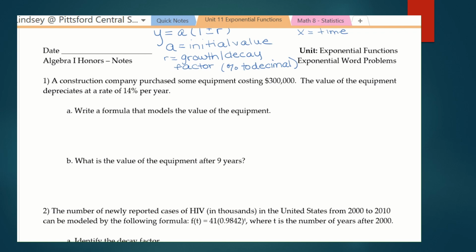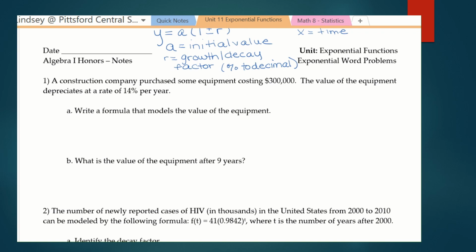So if they were to try and sell the equipment after a couple of years of owning it and using it, they probably won't be getting as much money for it as they paid. So they probably won't be getting that $300,000 for it. It'll actually be worth a lot less.